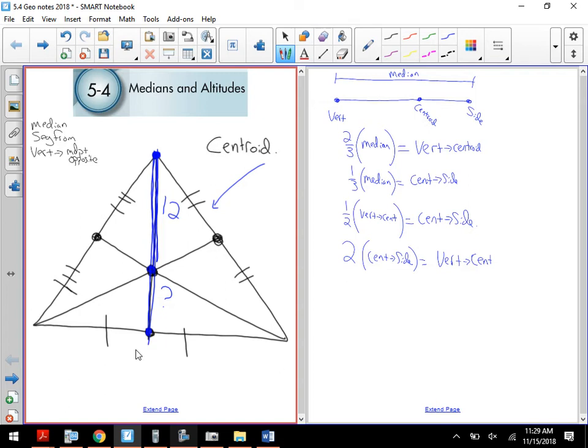Take half of the vertex to the centroid, you get centroid to side. What's half of 12? 6. Right. So if this is 12, this part would be 24. It depends on what you know.